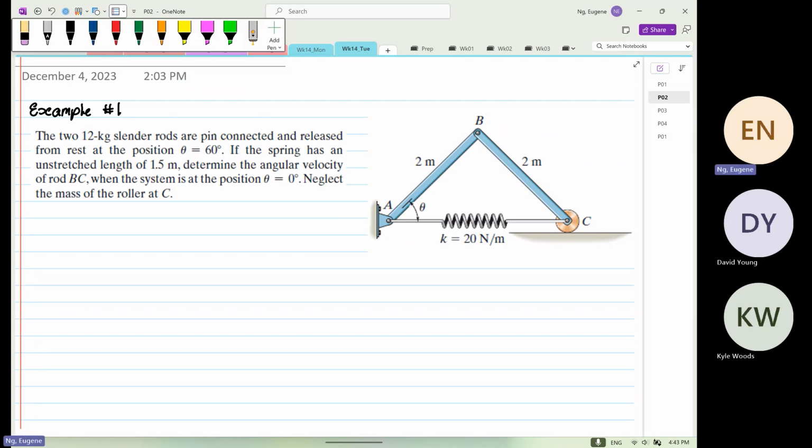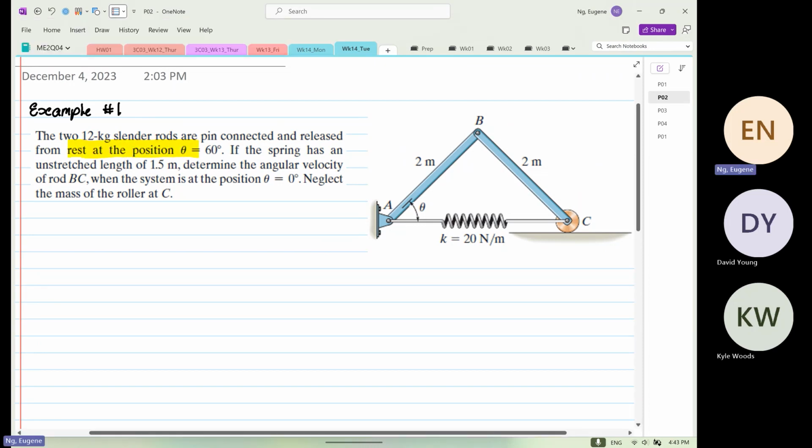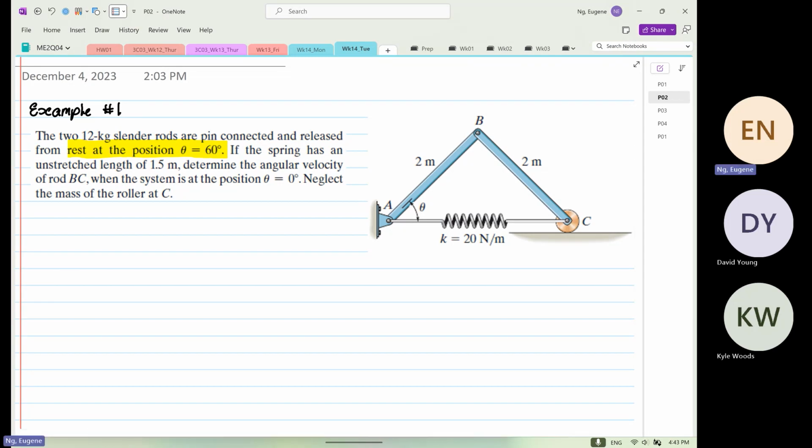So when you read a question like this, rest at the position of 60 degrees means this is the initial position. If the spring has an unstretched length of 1.5 meters, determine the angular velocity of the rod BC.